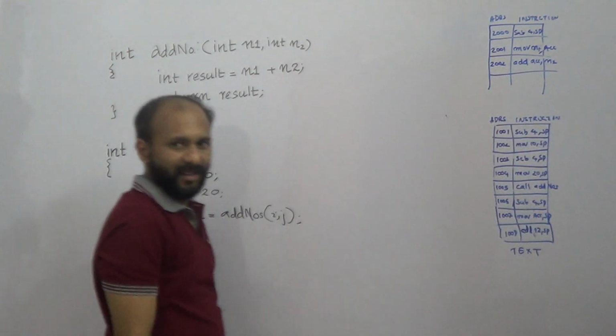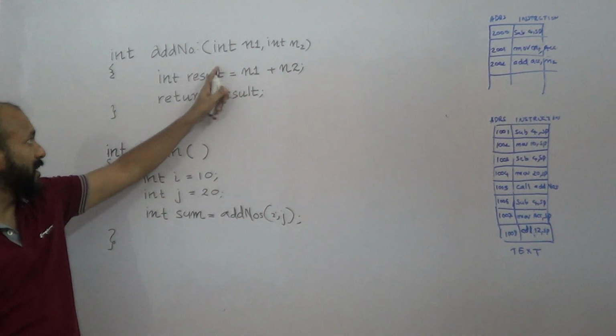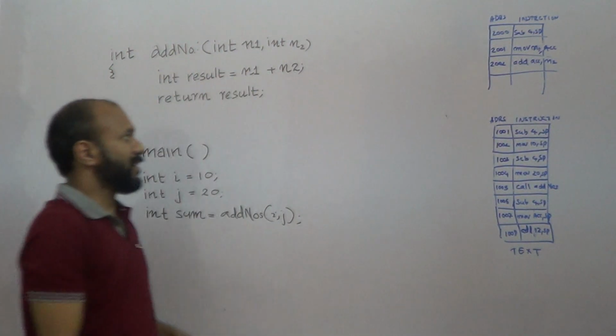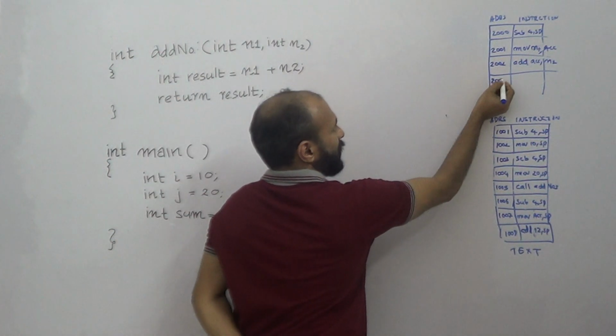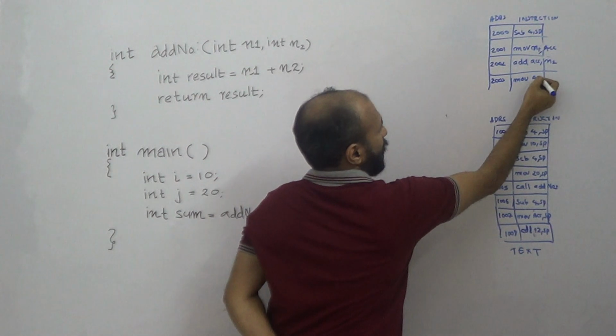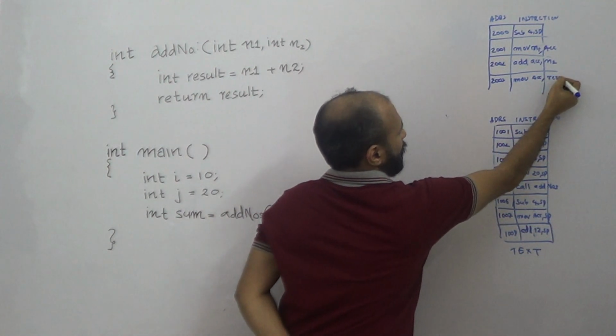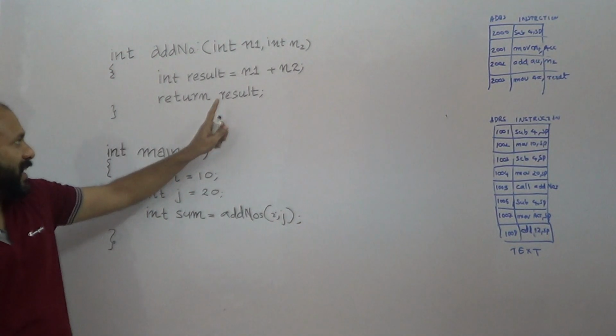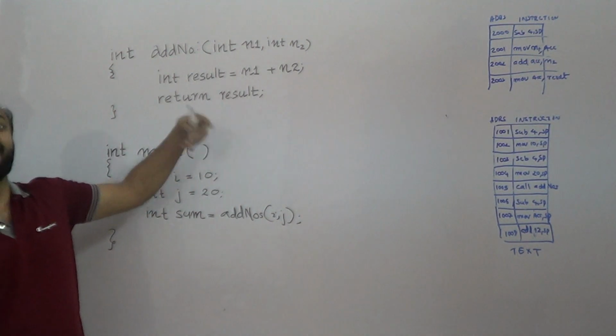So you got the result. Now the result is available in the accumulator. Now this one you have to move into the result. That means 2003, move accumulator to result. Now there is a return, so again move the result back to the accumulator.